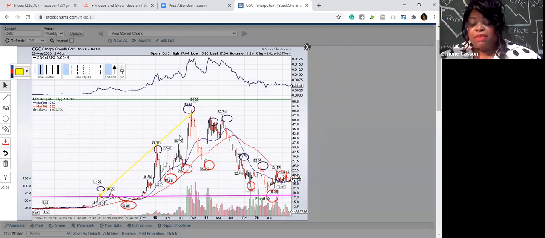So although we can see that it's blatantly up, we definitely want to look at where those places were where it was picking up. Well, we saw that it peaked at $35. We saw that it peaked at $36, and we saw that it also peaked at $57. Now, there is a method called the Fibonacci method that you can use, and it tells you entry points of being able to come in at different percentages.